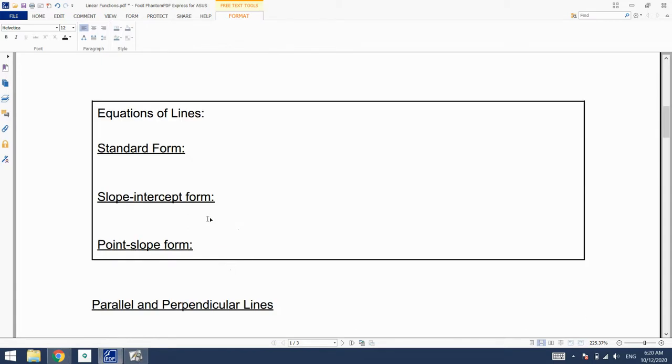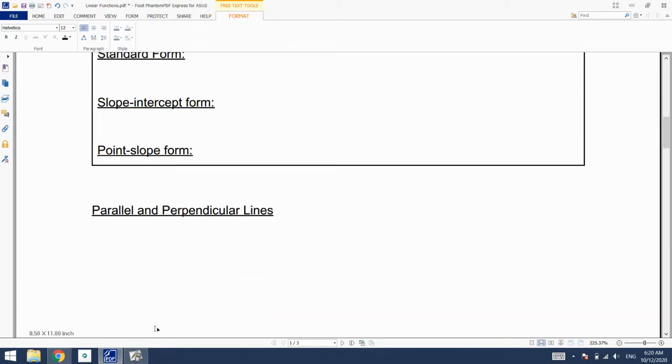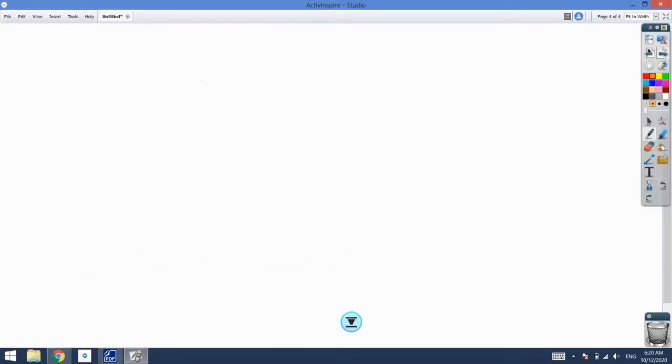Now, that goes to the equations. And then you have to deal with, well, parallel and perpendicular lines. So, just quickly, we'll take a look at 2 lines that are parallel. So no graph, no equations, just we're taking a look at what these lines are.